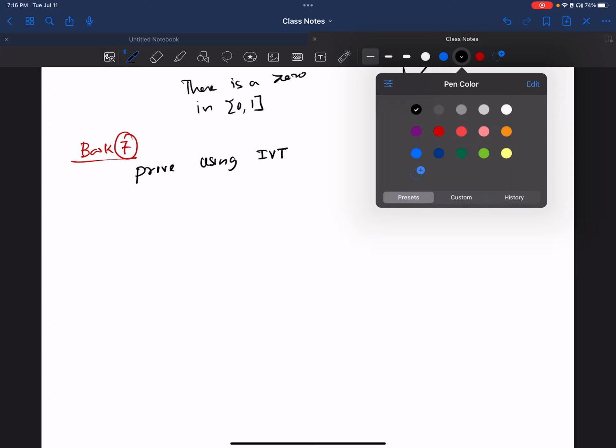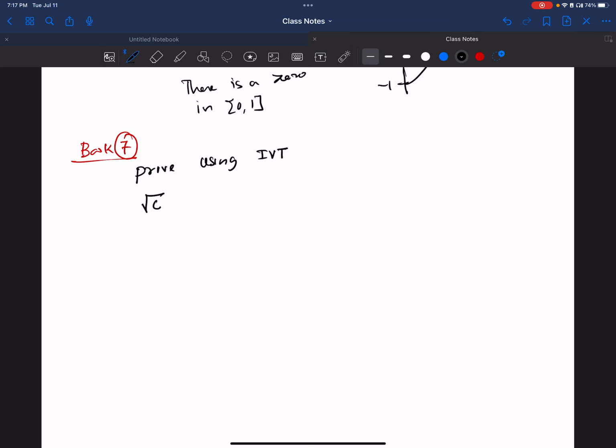You have to prove that this expression plus c plus 2 equals 3 has a solution. It doesn't give us any interval, but we can find any continuous interval.